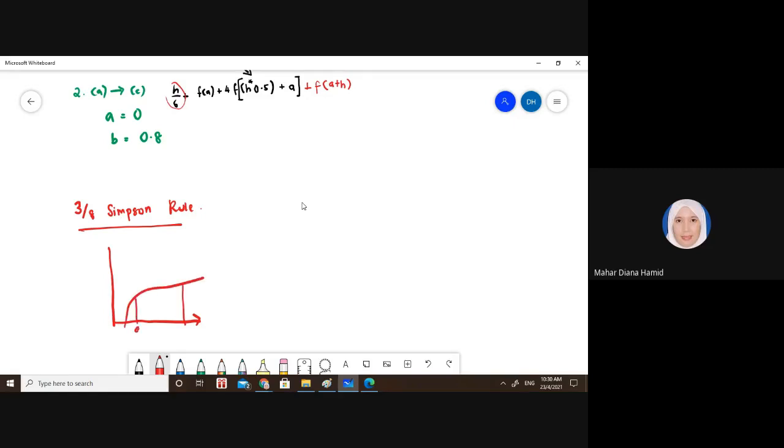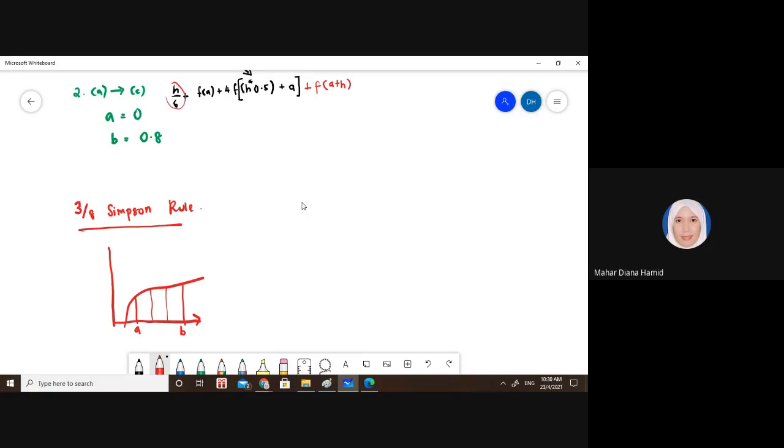So A to B, using the three-eighths Simpson's rule. For three-eighths Simpson's rule, we are going to have 3 segments. Previously, for 1/3 Simpson's rule, only 2 segments. So for three-eighths Simpson's rule, we have 3 segments, so we're going to have 4 points.